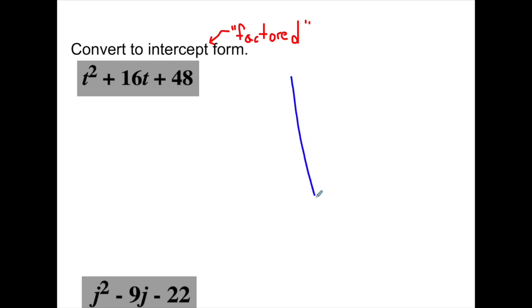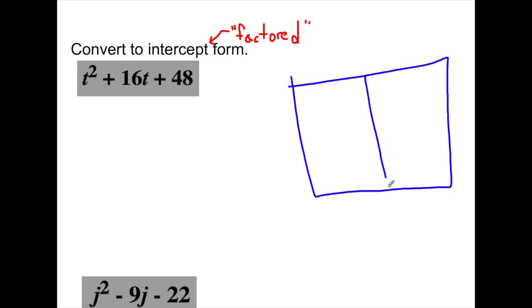So remember, there's a couple important patterns that we talked about that when I build my box, I'm going to want to remember. The first is that the squared thing will always go in the top left, and just the number will go in the bottom right. The reason is we know that only one of these is going to contain t.